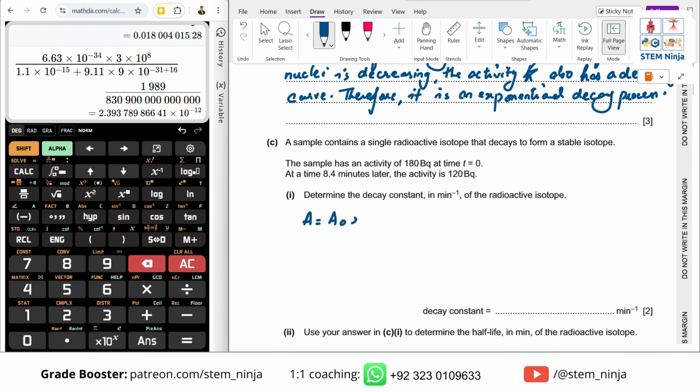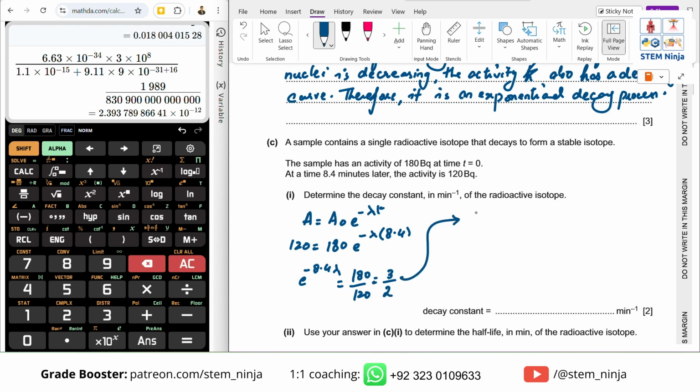A is equal to A naught e raised to power minus lambda t. So activity after is 120, activity initially is 180, and t is 8.4 minutes. So e raised to power minus 8.4 lambda is 180 over 120, basically just 3 over 2.